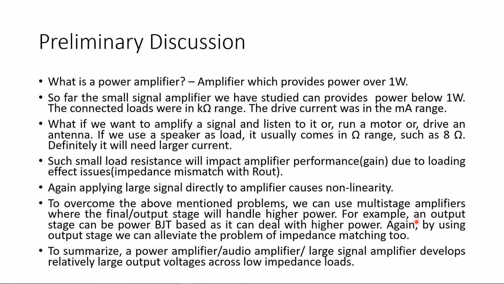Typically BJTs are more capable than MOSFETs in dealing with higher currents. That's why we will be choosing BJT here. By using the output stage, one of the things we can achieve is that we can alleviate the problem of impedance matching too. So we can also reduce the effect of impedance mismatch.